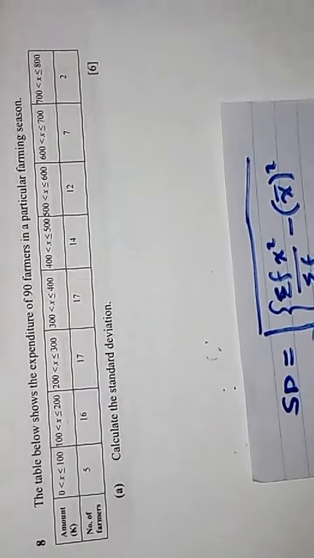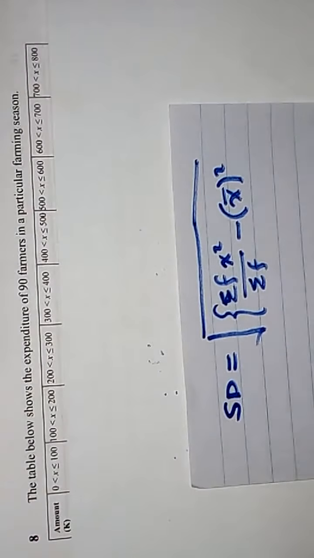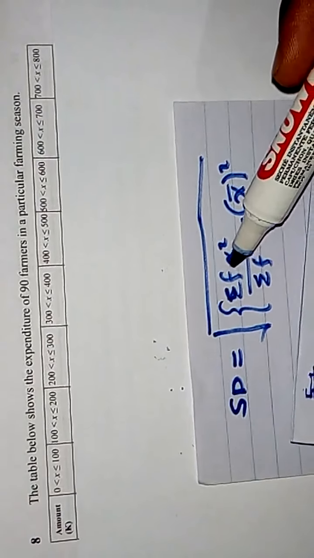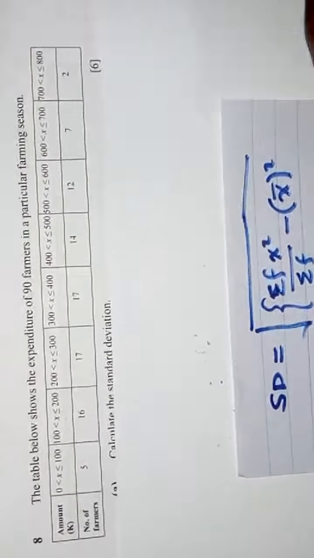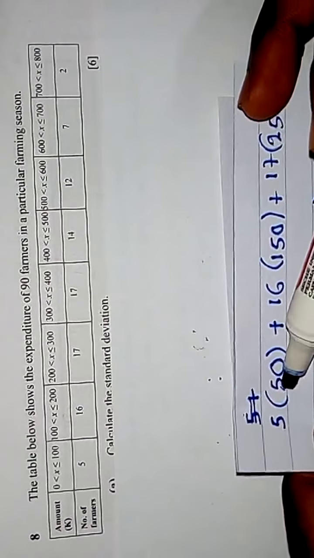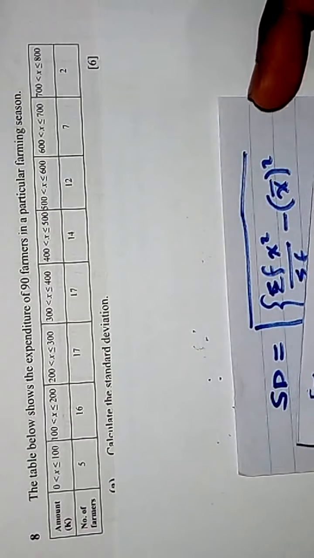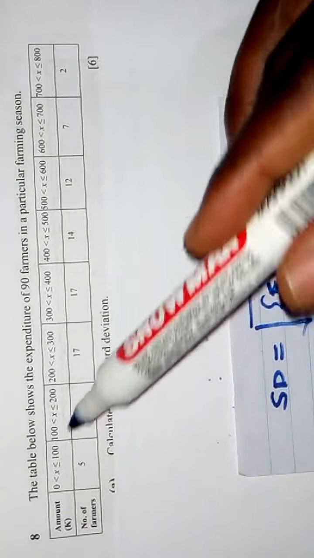So once we find our mean, we now get the formula for finding standard deviation. The formula is this one, the one we're using. It means you get the frequencies, f for frequency, open bracket, put the midpoint.